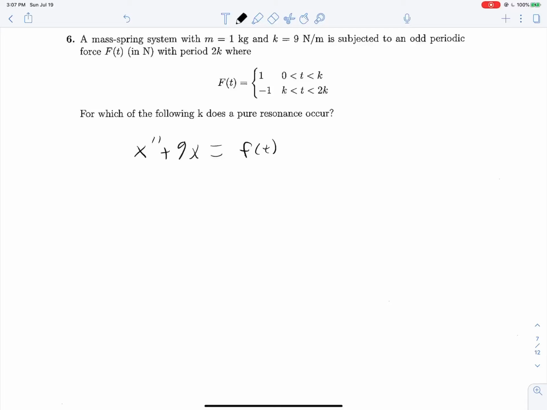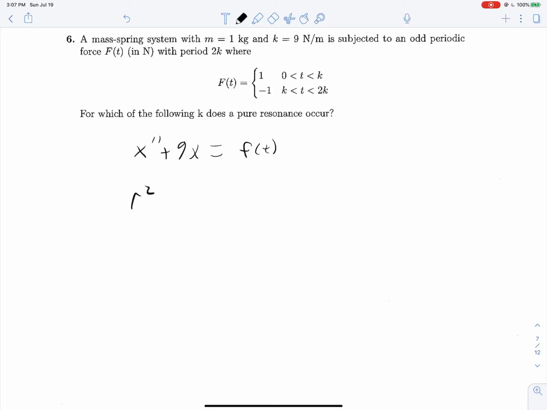And if you cast your mind back to what we learned about these systems in 266 or 262, I'm not even sure if you talked about them in 262. You'll remember that we can just take this differential equation and use the characteristic equation to figure out what this system's natural frequency will be.